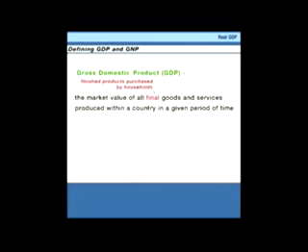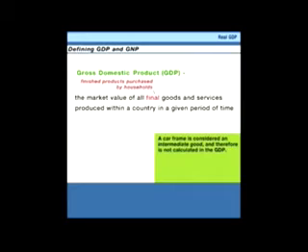So the car frame that I sold to General Motors was not a final good, it was an intermediate good. It became part of their production process. The car frame doesn't go into gross domestic product until the car is sold. And the car's sales price is added to GDP, and that included the frame that I sold to General Motors. This final goods and services avoids double counting.